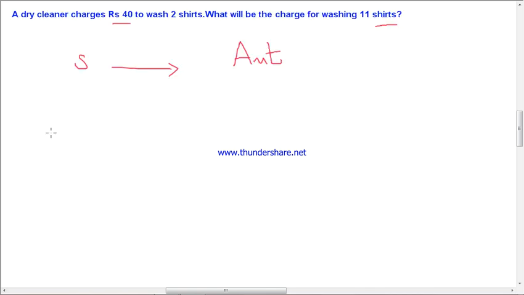Okay, and then let's write the values which are given in the sum. I will wash 2 shirts and I have to pay how much? Rupees 40. In the bracket I'll write rupees over here. They are saying if you wash 2 shirts you have to pay rupees 40. Now I would like to wash 11 shirts, so how much money should I pay?